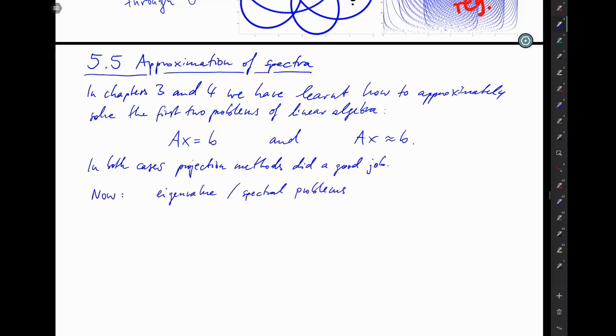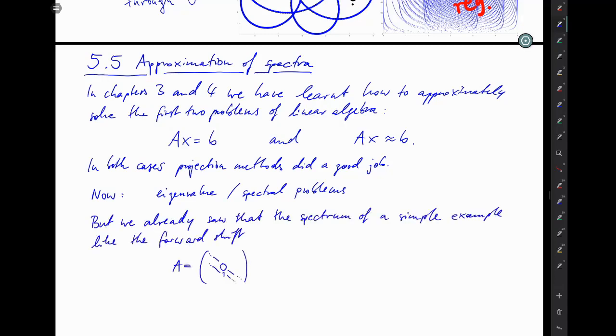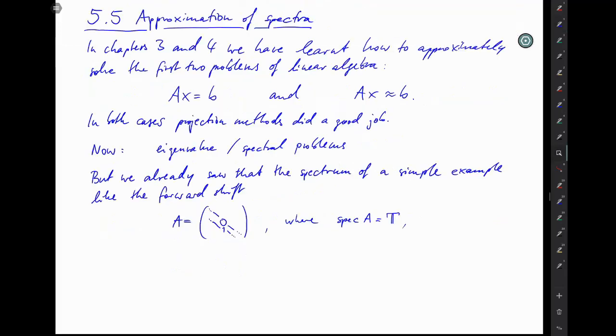But we already saw, like in the last section or in section 3.2, that already for very simple examples such as the forward shift, where the spectrum is just a unit circle, at least if you take the forward shift over the integers, so the bi-infinite matrix, the spectrum may be very poorly approximated, well, actually not at all, by the spectra of its finite sections.